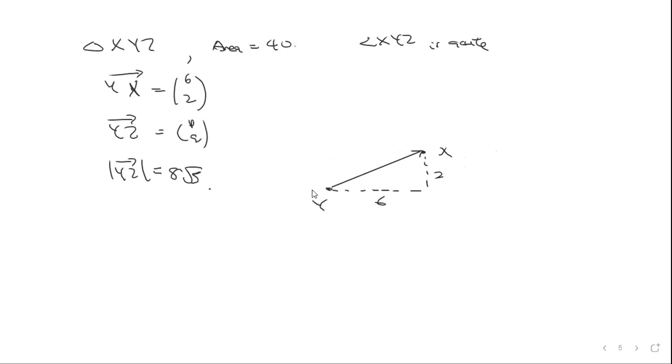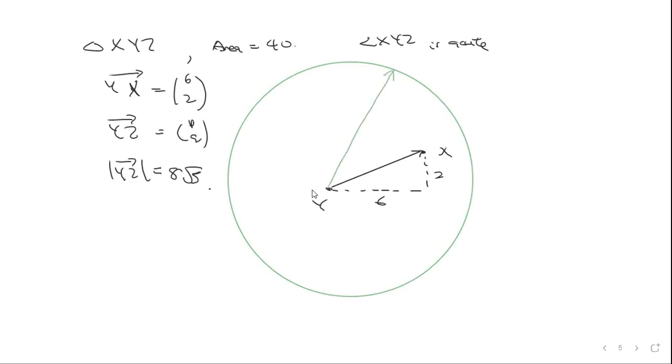So YZ is going to just go around, not to scale, but it could go in any direction, wherever Z is. So it could go like this, it could go like this, we don't know.